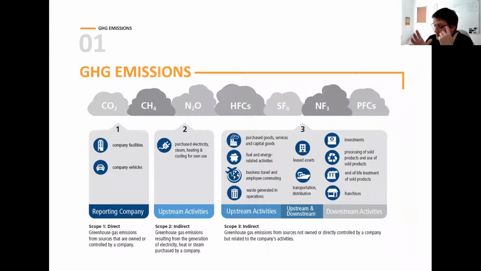There are, again, things to think about in terms of the scope of different parts of that. But ultimately, if you can measure the activity, and we'll go into what you measure that activity by shortly, then you can use the carbon factors that relate to that, and you can quantify the impact of the different activities that you're undertaking.